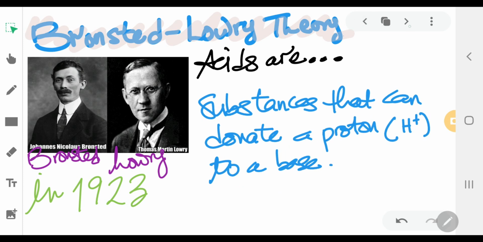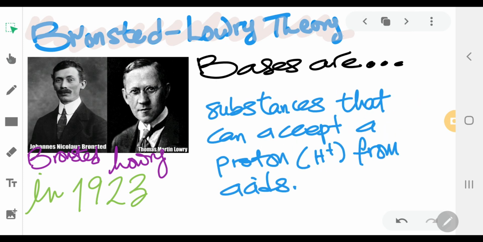As you can see, it's just completely the opposite of what we have over here. So it's quite easy to remember for Bronsted-Lowry theory. Acids are the ones that will be donating H plus, and bases are those going to accept the H plus. Why can they accept the H plus? Because they have a lone pair.